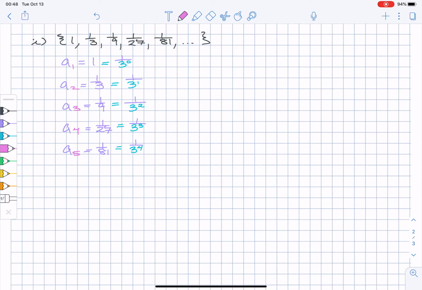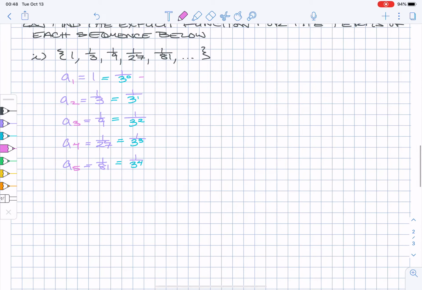So my goal is to force the numbers 1, 2, 3, and 4 in here. So I claim this is 1 over 3 to the 1 minus 1. Next, I claim that this is 1 over 3 to the 2 minus 1.